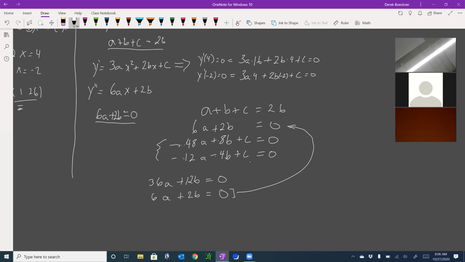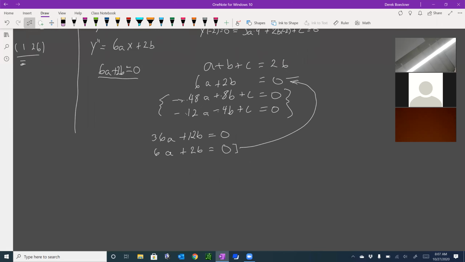Because I still get 0 over 0. Or these things just cancel, right? 6 times the bottom one is the top one, which means that they're parallel lines. So any solution works. So this guy and these guys together give me parallel lines, which doesn't help me in finding the solution. It just confirms that there is probably a solution. That's all that says. So we have to do something else.